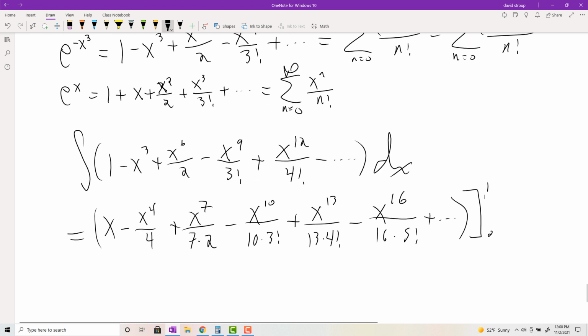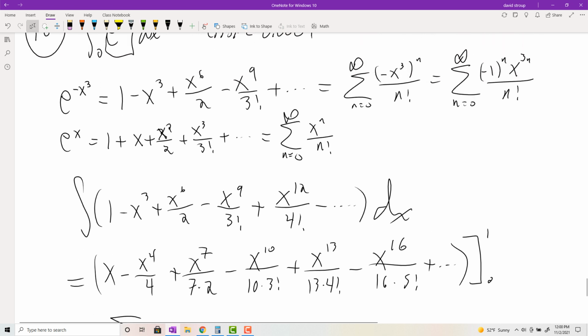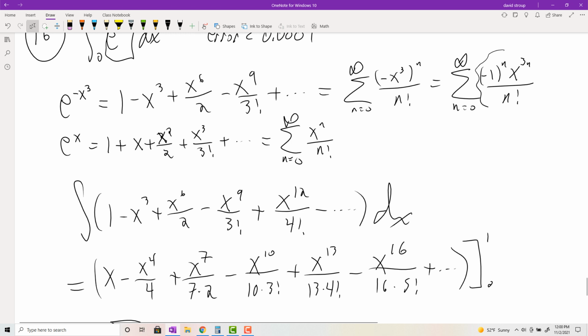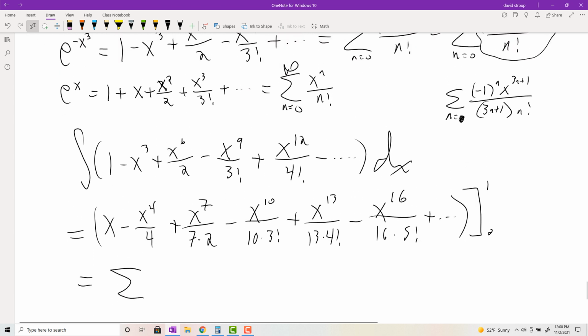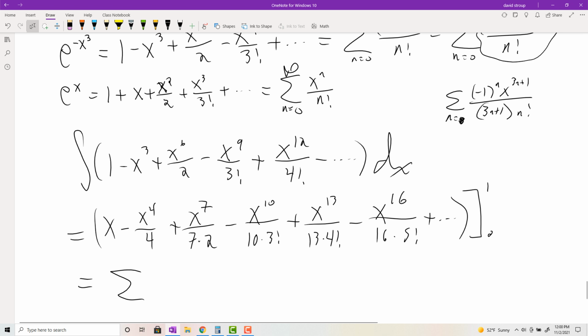If you want the summation notation for it, you just take the integral of this thing here. So you're going to end up with the integral being the series from n equals 0. Well, I don't know about the 0, but it'll be negative 1 to the n times x to the 3n plus 1 all over 3n plus 1 times n factorial. Let's see where we start. I think at 0 would work. 0, yeah.